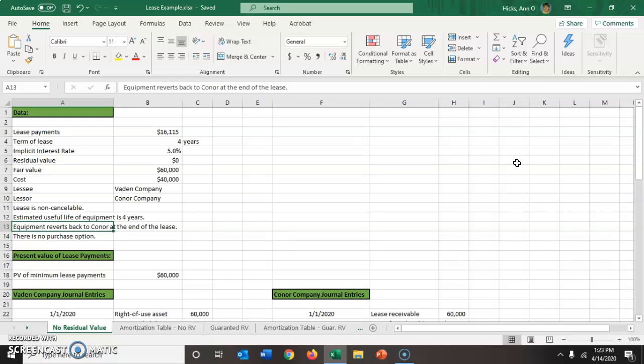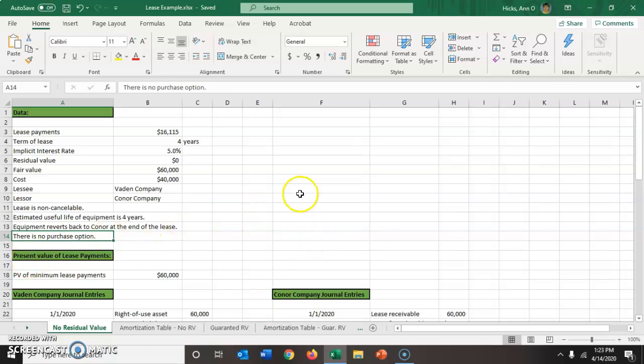The next test is the bargain purchase option, that purchase option that is such a good deal that no one would ever not take advantage of it. In this case, there's no purchase option at all, so we know that is not met. So far, we've failed the first 2 tests for a finance lease. But again, keep in mind, we only need to meet 1 of the 5 tests.